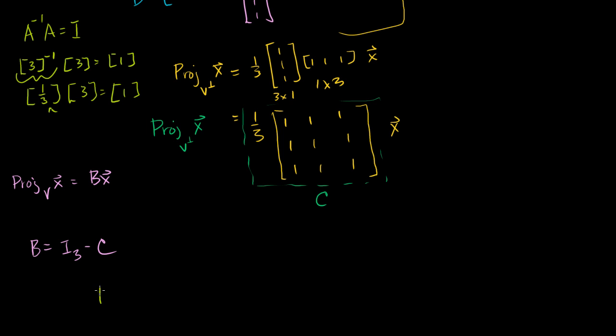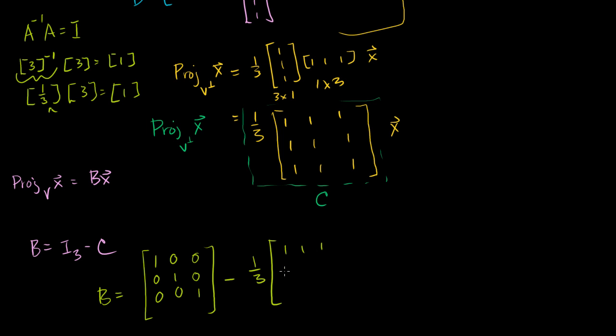So B is equal to the identity matrix, so that's just 1, 0, 0, 0, 1, 0, 0, 0, 1, minus C, minus 1/3 times 1, 1, 1, 1, 1, 1, 1, 1, 1. Just like that. What is this going to be equal to? Let's in our heads multiply this out. All of these entries are going to be 1/3 essentially.